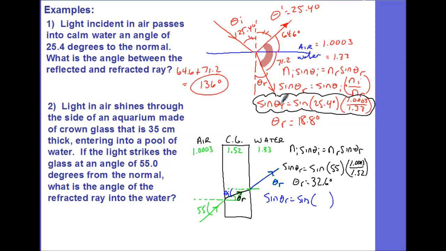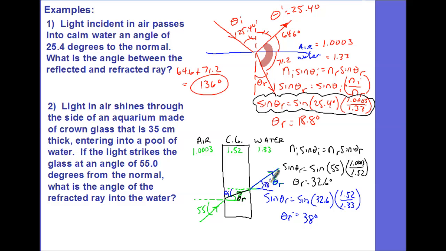So again, I'm going back to this version of that equation. That incident angle is 32.6. And the ratio of those indices, again, remember, is from the incident to the refracted. So now this would be 1.52 to 1.33. And when I calculate theta r here, I get a number of 38 degrees. Okay, so its angle of refraction here, 38 degrees.